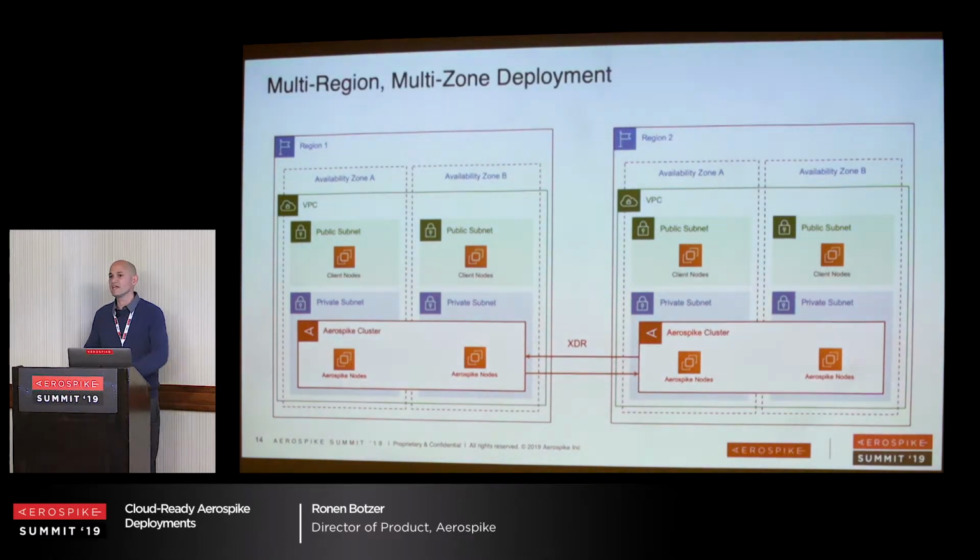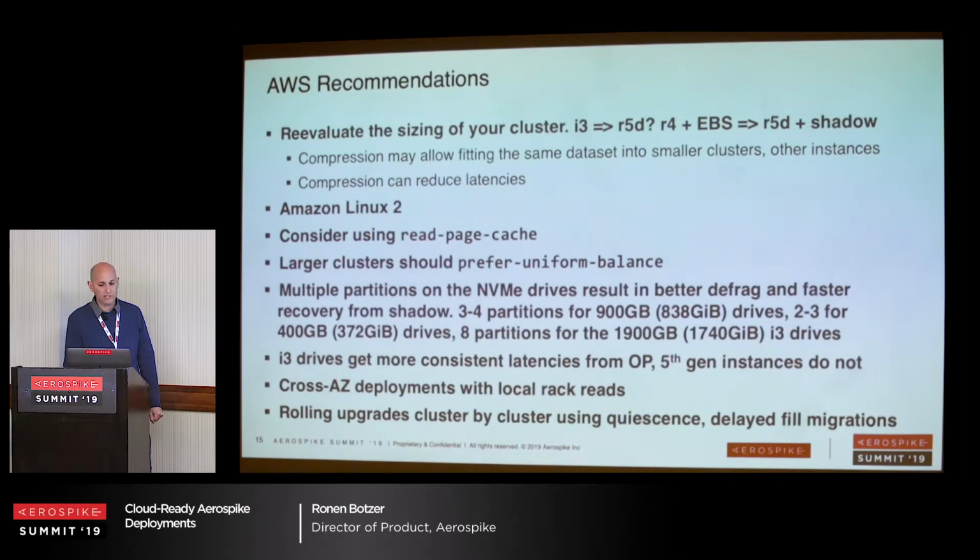If you're in AZ A and you're talking to AZ B, you're going to be suffering that. From a replication standpoint, the key is optimizing latency on the client communication rather than the replication communication. Yeah, exactly. And typically, for most people, there are a lot more reads than writes. It might be less of an issue if you're doing 90% writes. You might say, well, this is not a great deployment for me, but I just want to make sure people know what's out there.